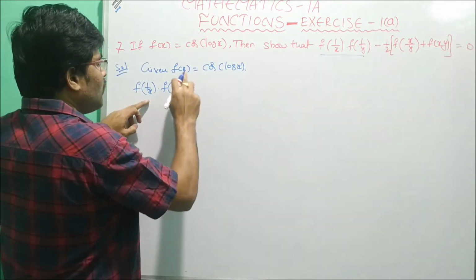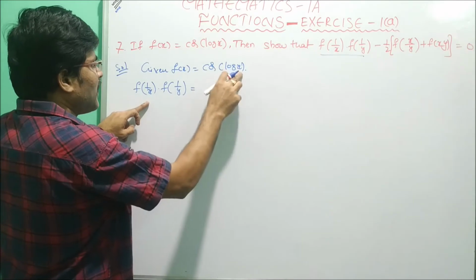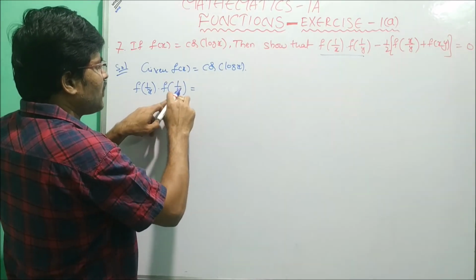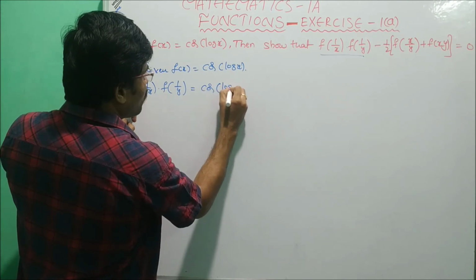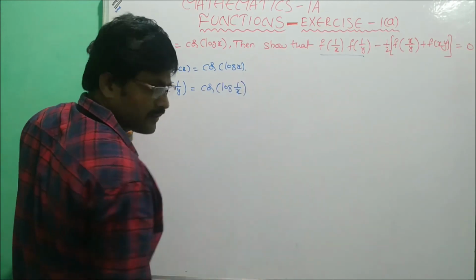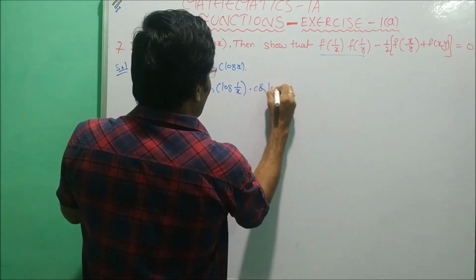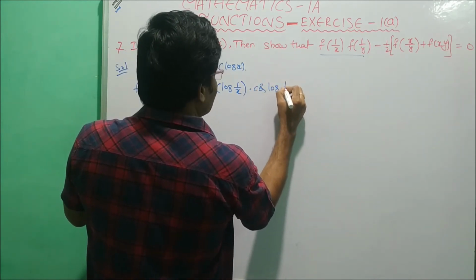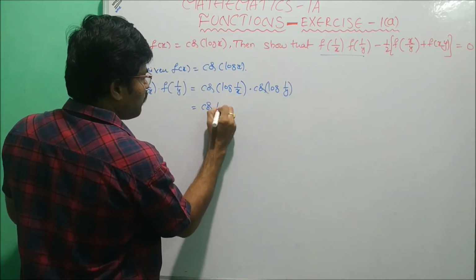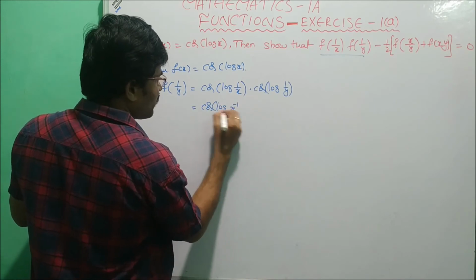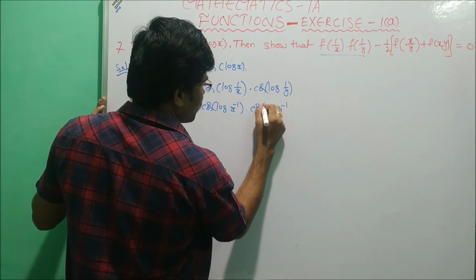Here we observe f(x) is already given. Now 1/x is replaced by x, and also 1/y is replaced by x. Now here we write cos of log 1/x into cos of log 1/y. Now we write cos of log x inverse into cos of log y inverse.